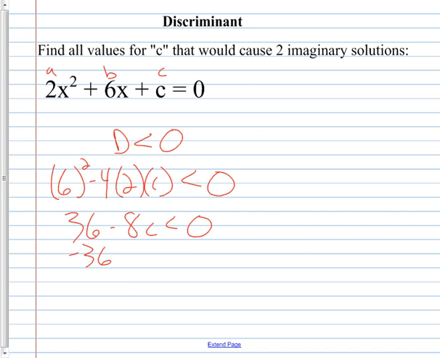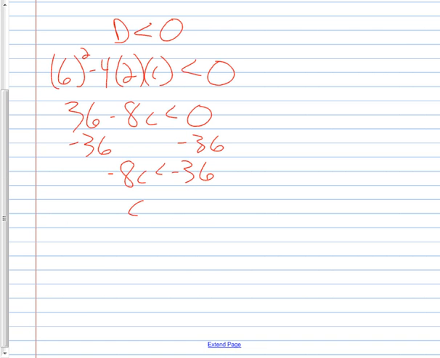So we'll just subtract the 36. So negative 8c is less than negative 36. So c would have to be, since we're dividing by the negative 8, that's going to flip our inequality sign. So c is now greater than positive 36 over 8, which would reduce to 18 over 4, which would reduce to 9 halves.